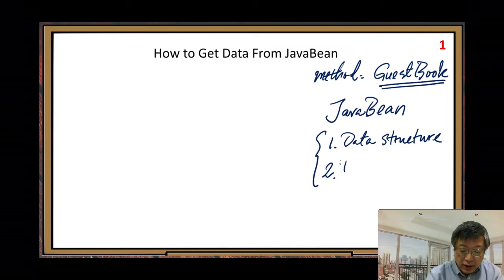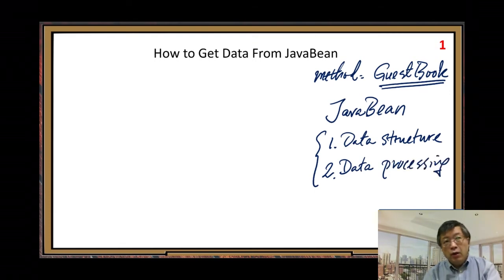So how to do that? Data processing. We can add some data processing methods in our JavaBean, and then we import and call those methods to give us processing results. Another commonly used method.